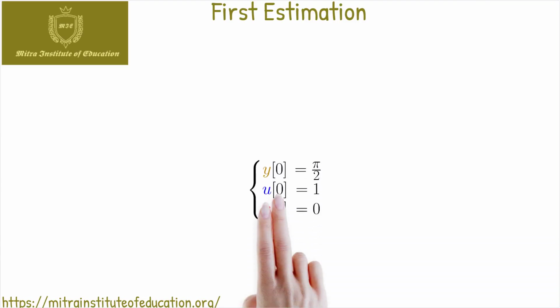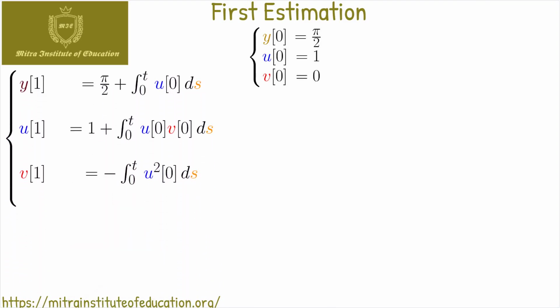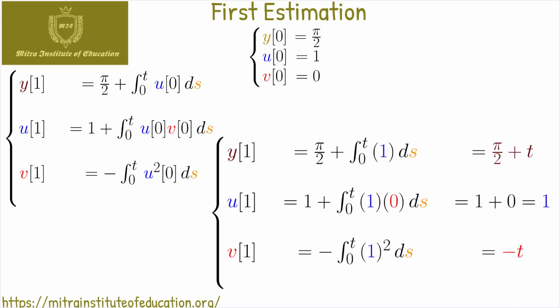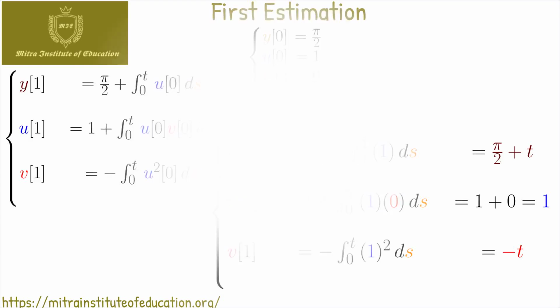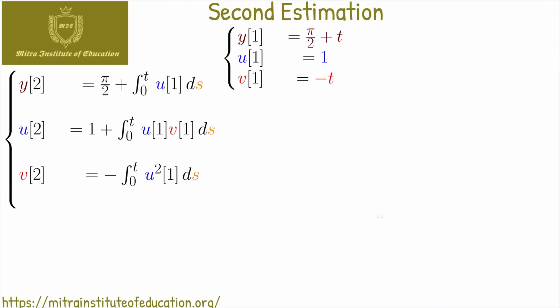Next, we compute the first estimation using the initial guesses. This first approximation will serve as the basis for the next iteration, bringing us closer to the solution. Now, we move on to compute the second approximation.